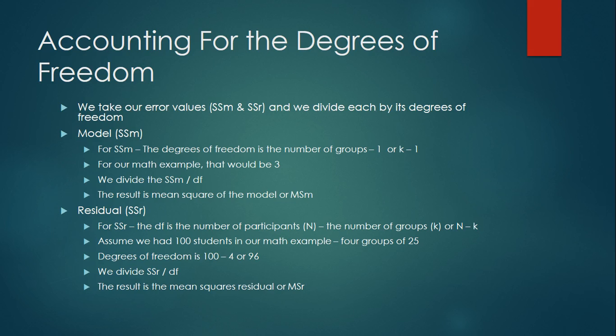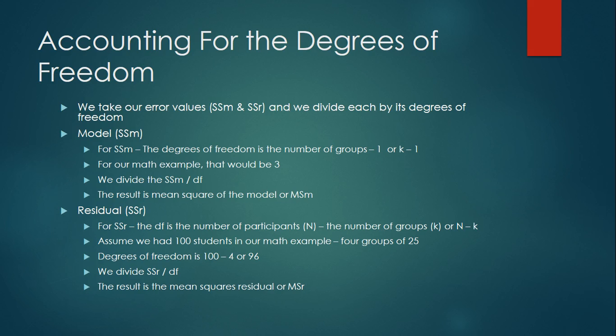So when we are accounting for the degrees of freedom, 2 things happened. One, using SSM, we came up with a mean square of the model, when we distributed the amount of error over the degrees of freedom, which in that case was 3. And we came up with the mean square of the residual by distributing the sum of the square residual value over 96 degrees of freedom.